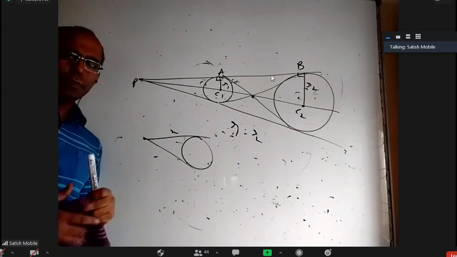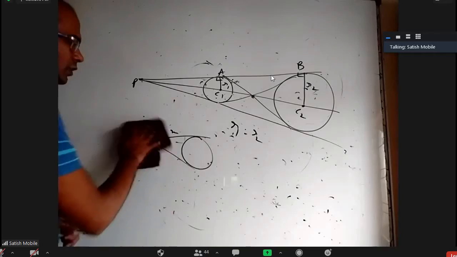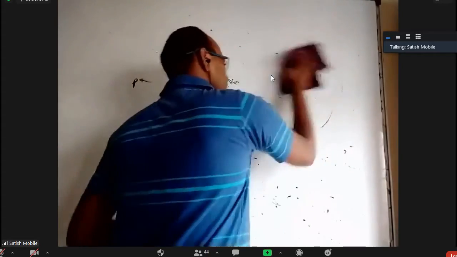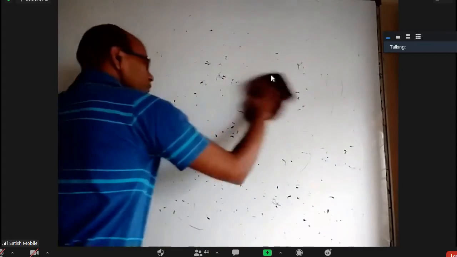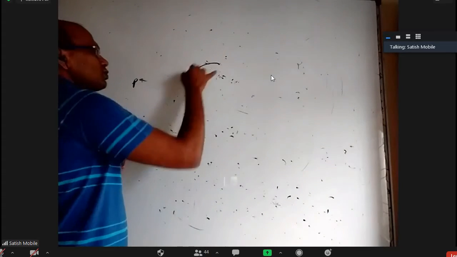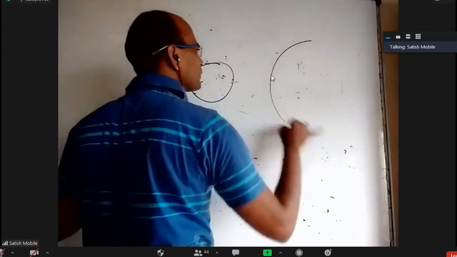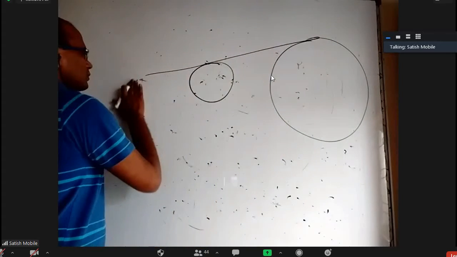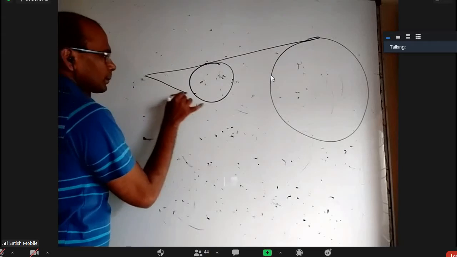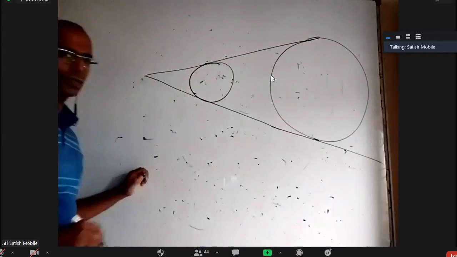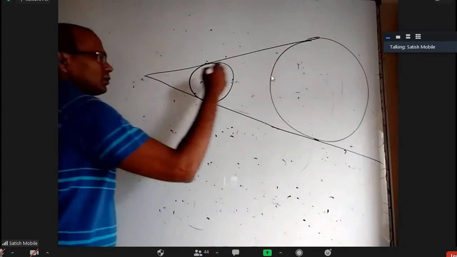There are a few things which can be proved by geometry or just on the figure also. At least 1 or 2 small things I want to tell. Let us say somebody gives me 2 circle equations like this, and there are 2 direct common tangents.